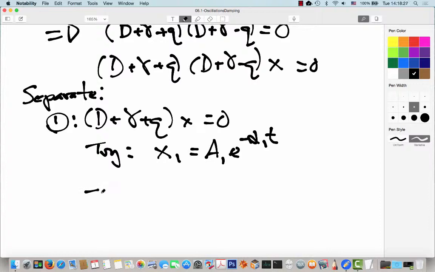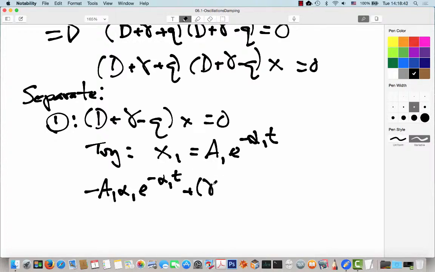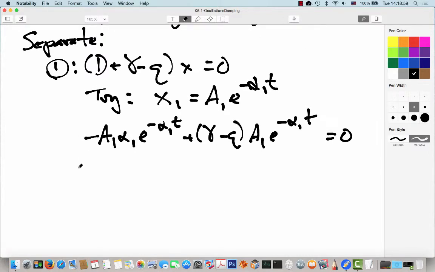So I'm going to get minus a1 alpha 1 e to the minus alpha 1 t plus, oh, I'm sorry, I wanted to separate the negative 1 first, plus gamma minus q operating on a1 e to the minus alpha 1 t, and we demand that that be equal to 0. Well, the only way that that's going to be 0 is if our alpha 1 is equal to gamma minus q.